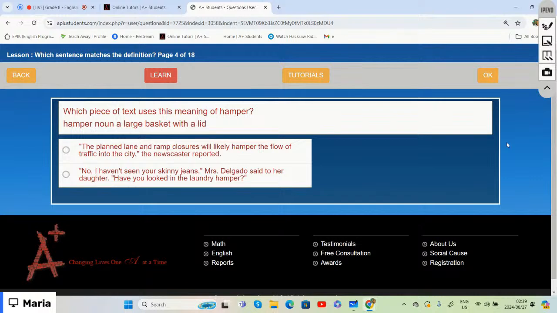So, hamper is like a basket with a lid, like the laundry basket, laundry hamper.